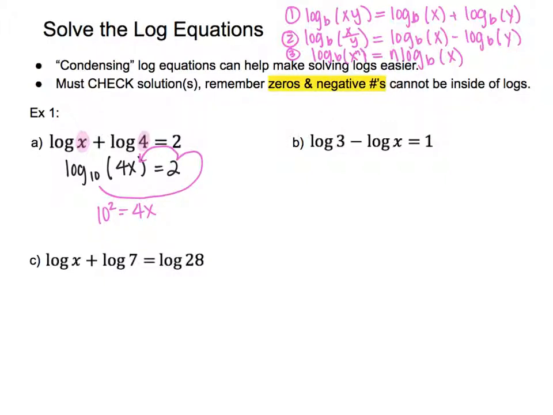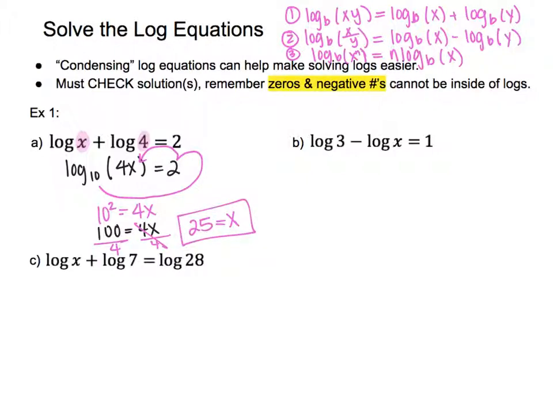Notice that the x is now on this side. So let's see here. 10 squared is going to be 100 equals 4x. If I divide the 4 over, that cancels, but then I have to divide that one over. And so x is equal to 100 divided by 4, which is 25.